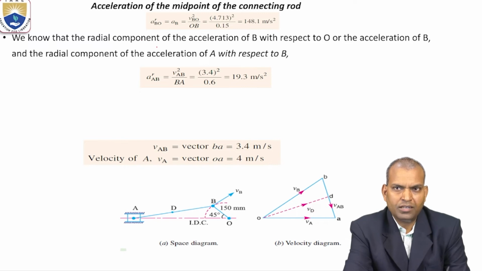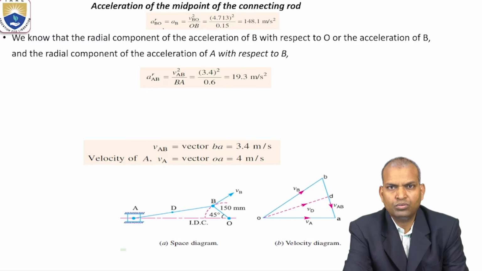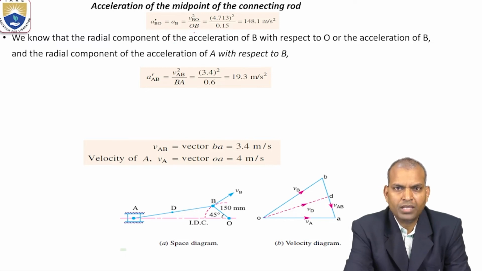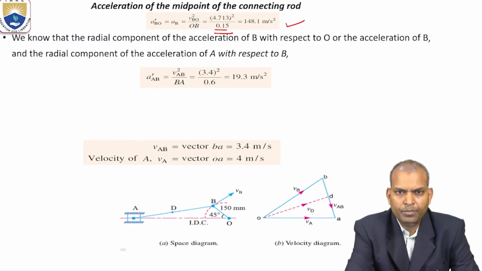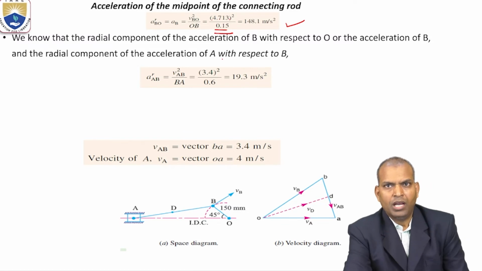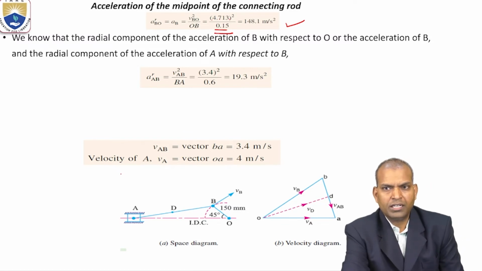So we know that the radial acceleration of B with respect to O equals V squared by OB, that is 4.713 squared by 0.15, which is 148.1 meters per second squared. And we also know certain radial components.